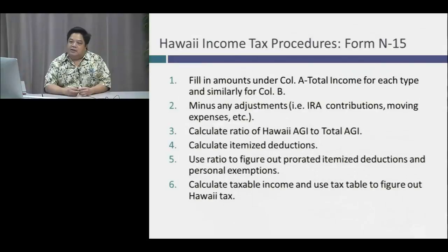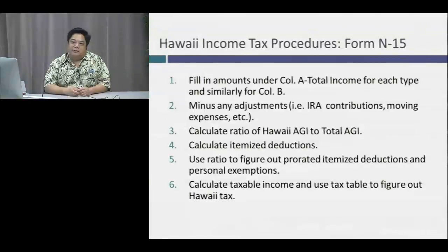The other one is, as far as the tax return preparation, the procedures for N15, it's a little bit different in terms of you have 2 columns. I'm not sure if anybody downloaded the form N15. There's a column A, there's a column B. Column A is total income. Column B is the Hawaii income. So when I go over the exercise, you'll see the difference of that particular form N15.